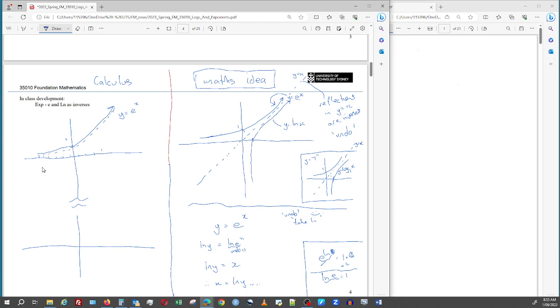If I take all those x values and project them down, and then I start plotting, what do I get? It turns out that the gradient curve is identical.